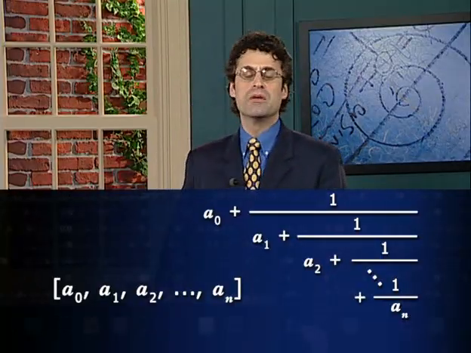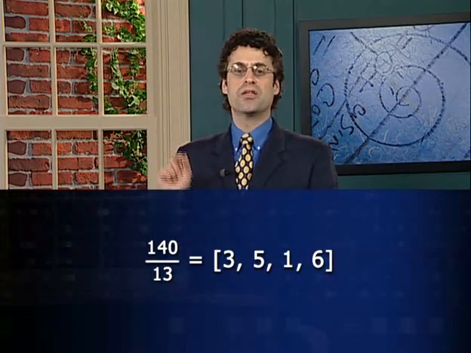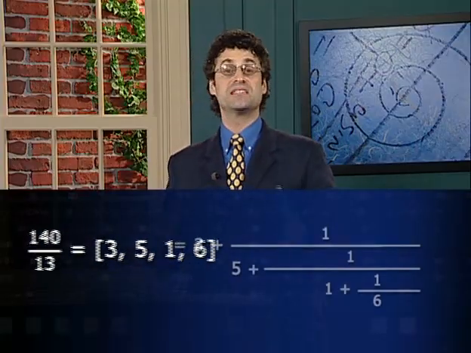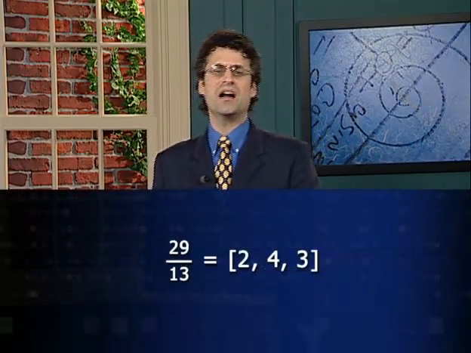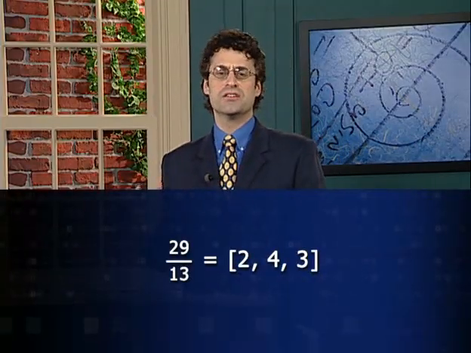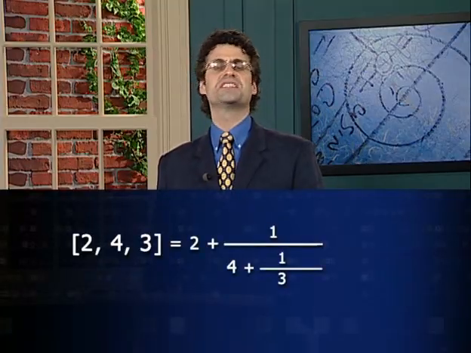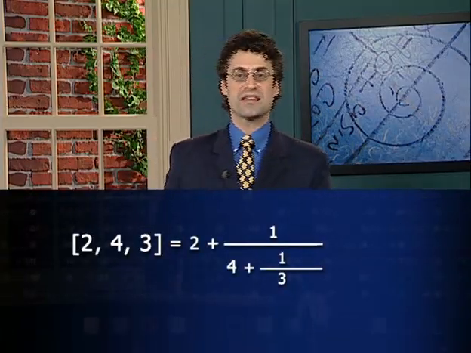So, for example, we would write 130 over 41 as the bracket 3, 5, 1, 6. And that means the same thing. Those are the numbers we insert in our fraction. 29 over 13 would be written as 2, 4, 3, and so on. You get the idea. It is a compact way, but we always remember that those numbers are what go down that continued fraction.